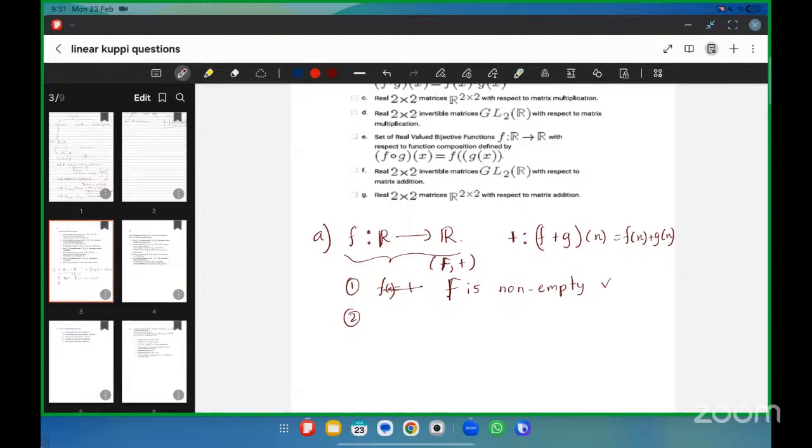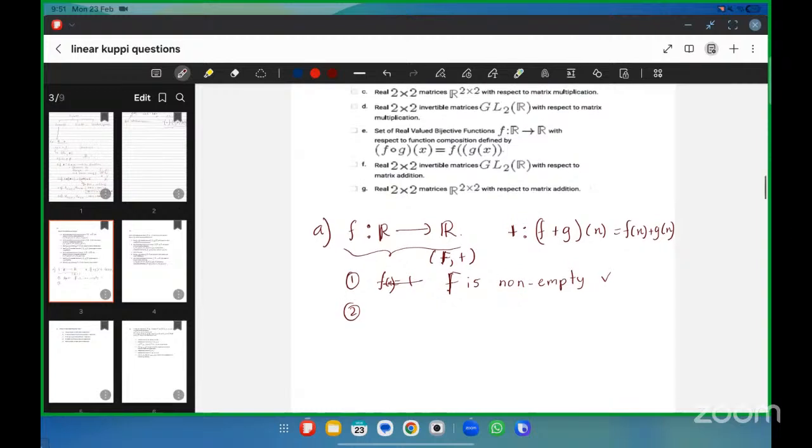So the inputs are in the real valued function domain, so we don't have to think much about the inputs. Anyway, we have to put the inputs in the set. So we have to think about the outputs. If we add two functions, f plus g of x, it gives us f(x) plus g(x).